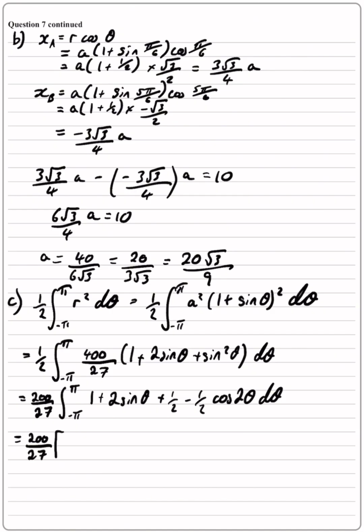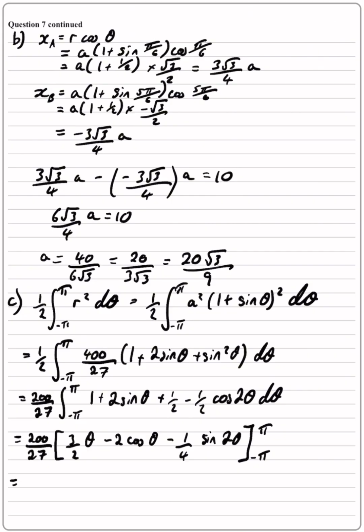So it's 200 over 27ths of integrate 1 plus a half is 3 over 2, so 3 over 2 lots of theta. 2 sine theta integrates to minus 2 cos theta. And then we're going to get subtract a quarter sine of 2 theta between minus pi and pi.